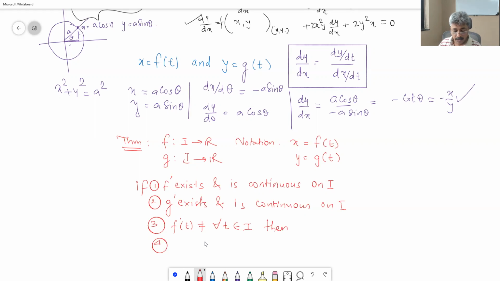for f is strictly increasing, or strictly decreasing on I, that is first part of story.